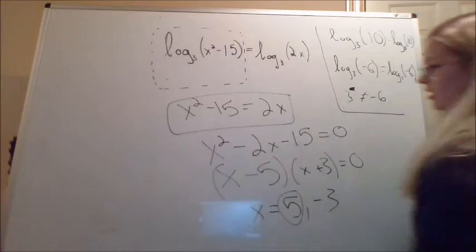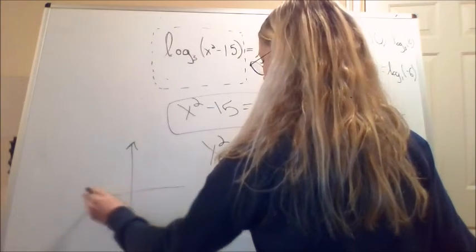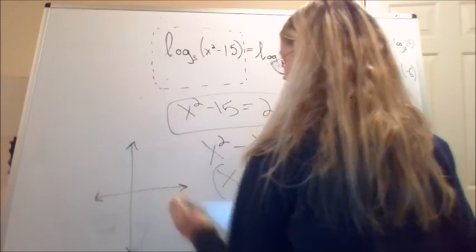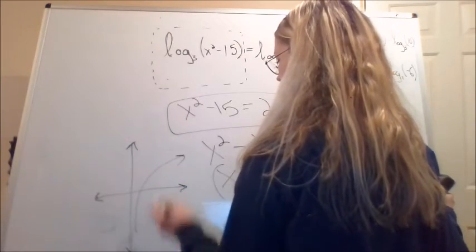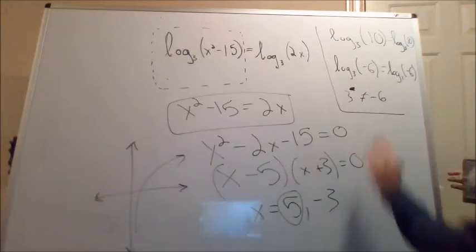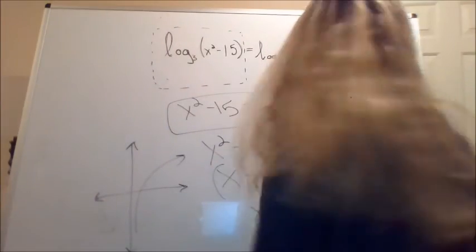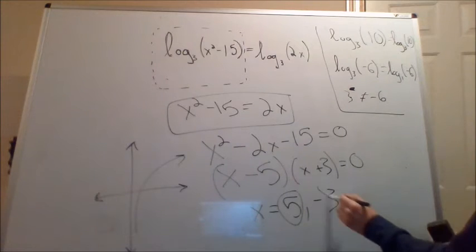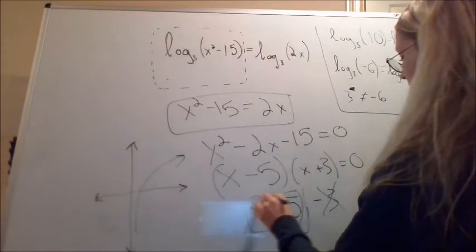Especially since the log graph generally has a shape that looks like this. So if we have an x being what's in this parentheses here, being a negative number, that's undefined. So negative 3 is not an answer, so our answer here is 5.